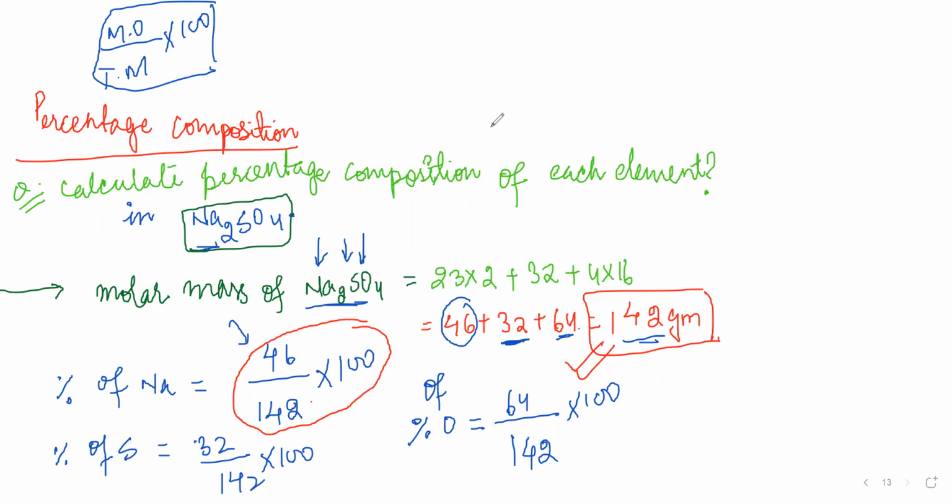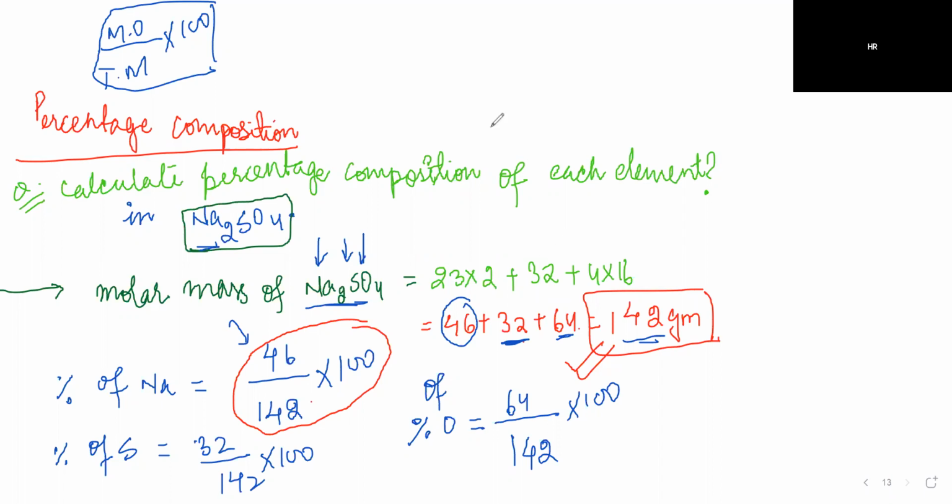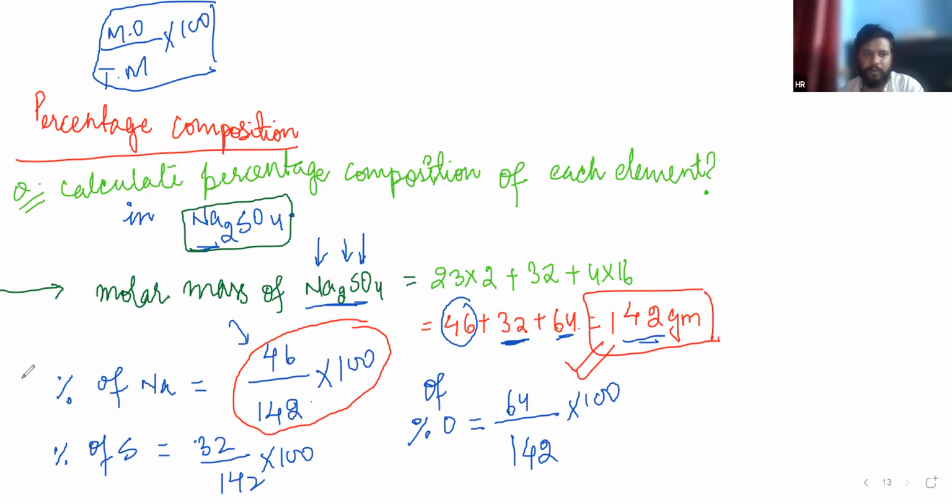Wow, your answer is 300, for which: sodium, sulfur, or oxygen? Arslan, is the answer 300, for which: sodium, sulfur, or oxygen?